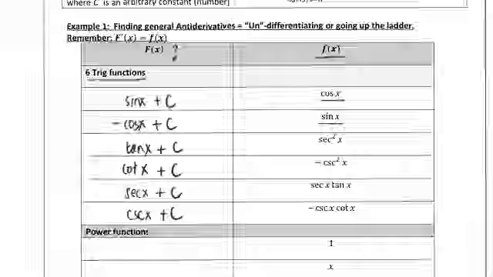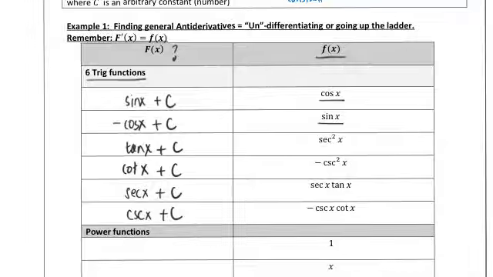Okay, so hopefully you got these answers. The one that's a little bit tricky is this one. If the little f is sine x, then the big F has to be negative cosine x, because when you differentiate cosine, you're going to get negative sine. But if you want the final answer to be positive sine, you have to have a negative to start with.